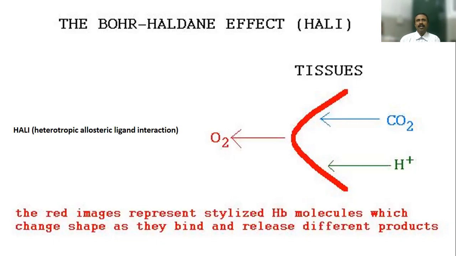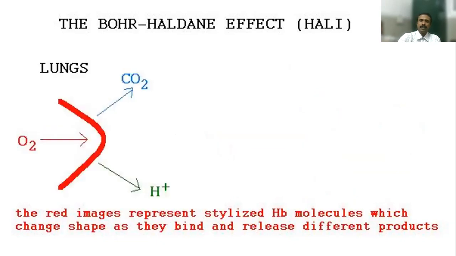It means nothing but the positional change of the polypeptide chains will give it a property of enhanced binding or reduced binding. Similarly, at the lung level, the oxygen uptake is facilitated, carbon dioxide and hydrogen ions are released.